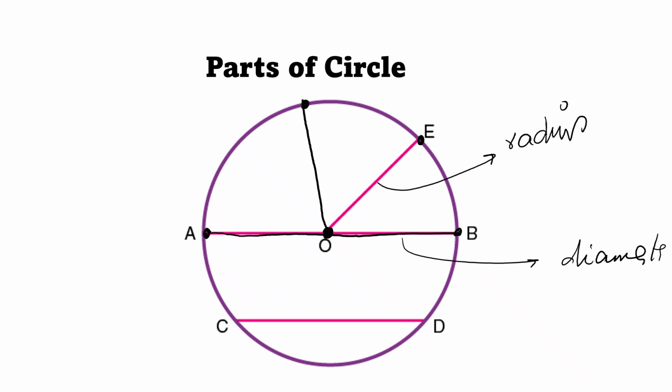But if you connect a point on the circle to another point at the other corner of the circle and they are not passing through the center, then it is said to be a chord. For example, if this is C and here let's suppose it's L, this is also a chord. If I connect D with E, this is also a chord.